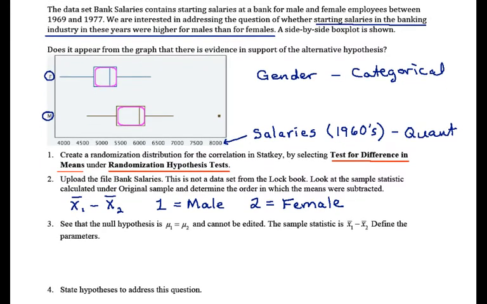So that means that my mu1 is the mean starting salary for all males in the banking industry. We'll at least establish that it's the mean starting salary for all males, and we'll figure the banking industry and the 60s are implied by the context.